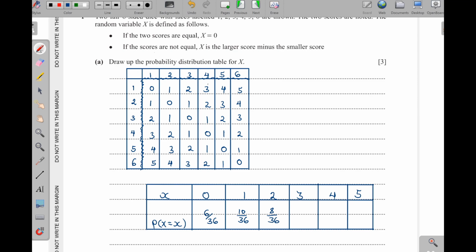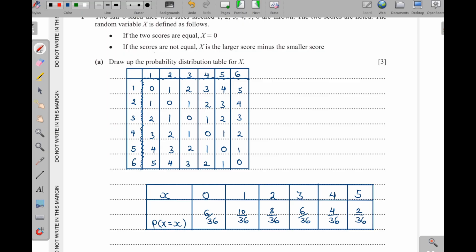Then 3s, 1, 2, 3, 4, 5, 6. So that will be 6 out of 36. You can simplify them. On this one, you write 1 over 6, no problem. For 4s, this is 1, this is 2, this is 3, this is 4. So we have 4 out of 36. And then 5s, we have 1 here, and then 2 here. So that is 2 out of 36.